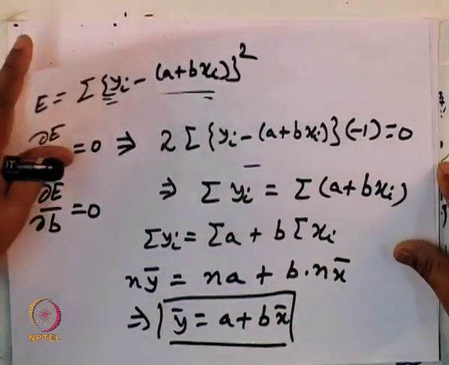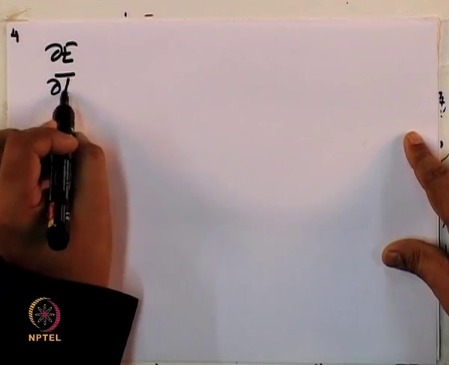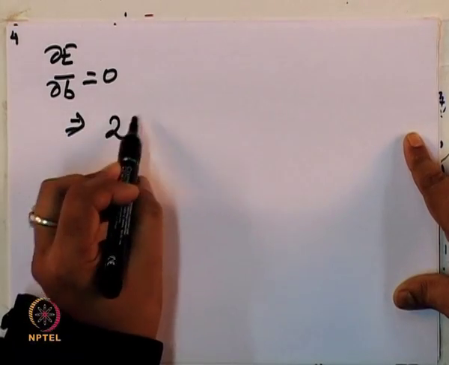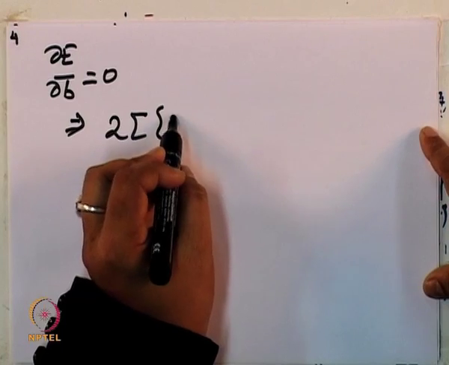Okay. This gives me the equation y bar is equal to a plus b x bar. So let us do the other expression, del E del B equal to 0 would imply 2 summation. So, the first part remains the same.